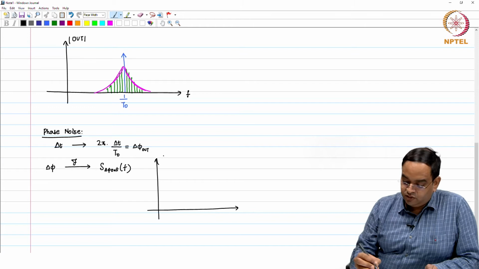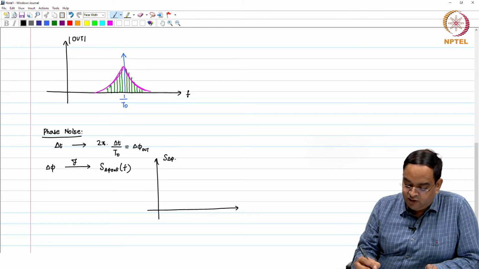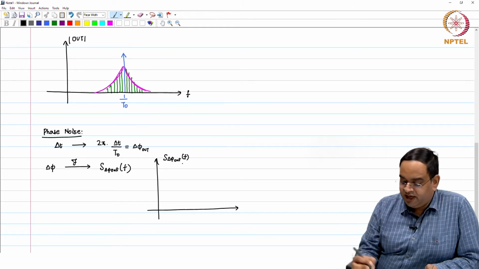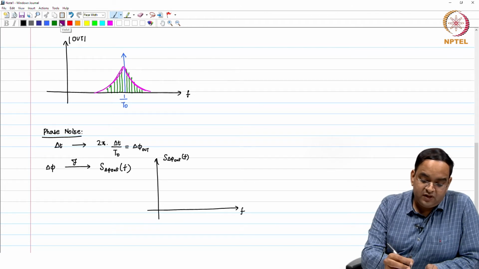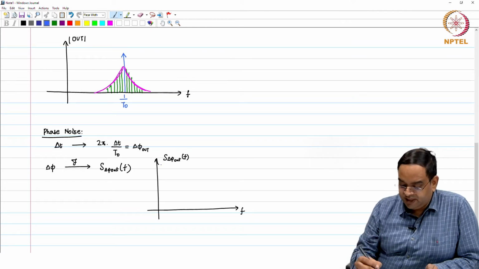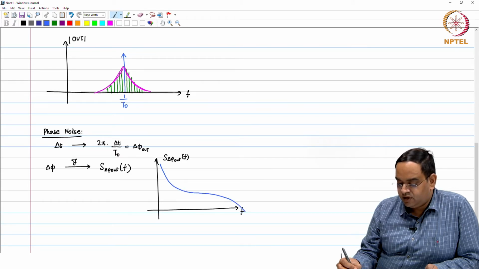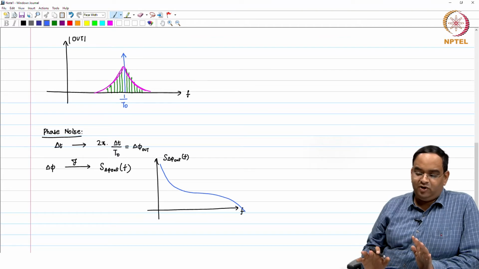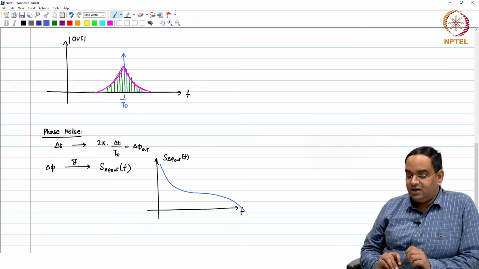Okay. So, S delta phi out of f with respect to f, in case of PLLs, by the way, it may turn out to be something like this. It depends what it is, but forget about the actual nature of the phase noise.